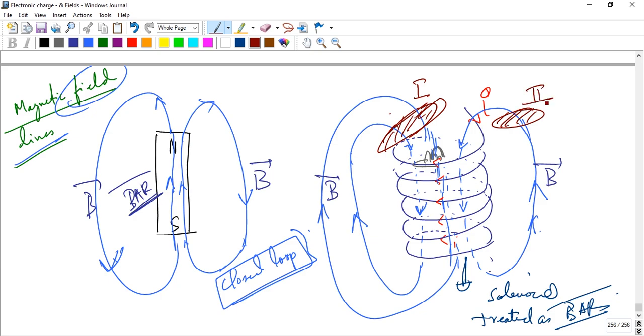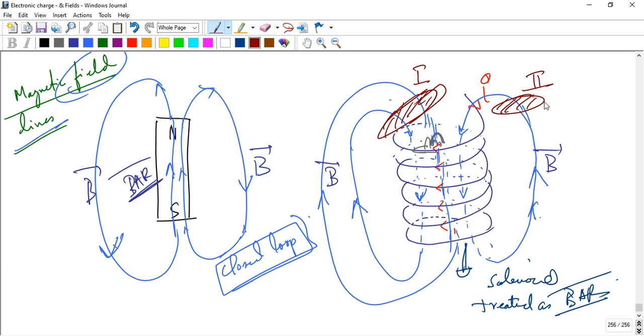I see that the areas are the same, and two field lines are crossing region 1 and one field line is crossing region 2.